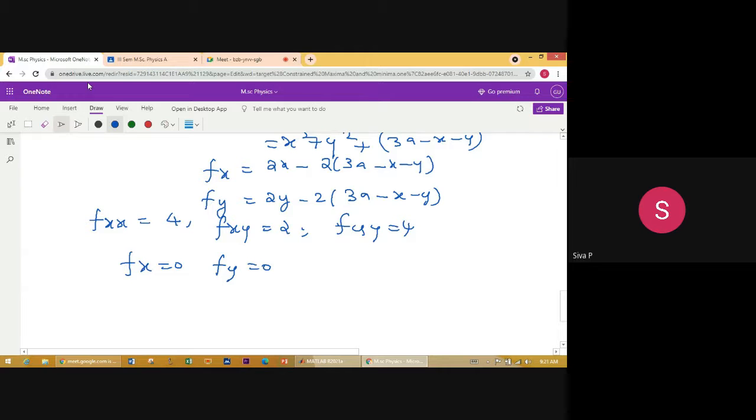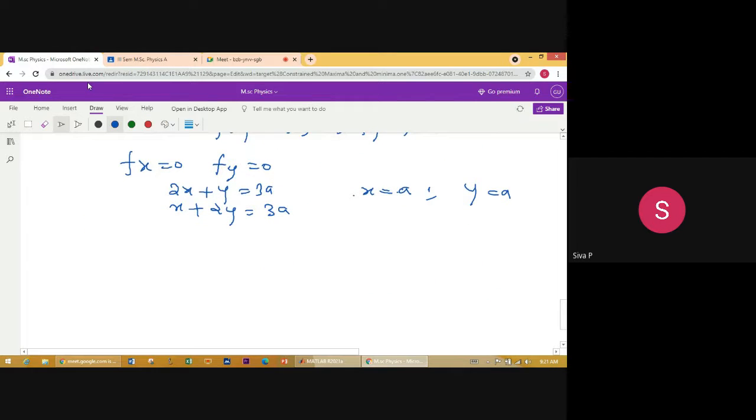Solving 2x plus y equals 3a and x plus 2y equals 3a, finally we get x equal to a, y equal to a. So the stationary point is (a, a).